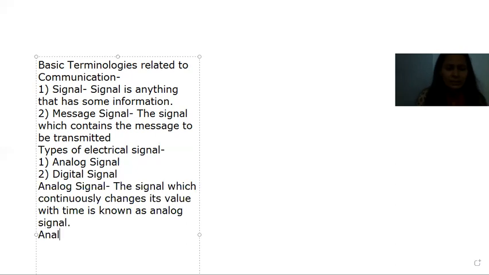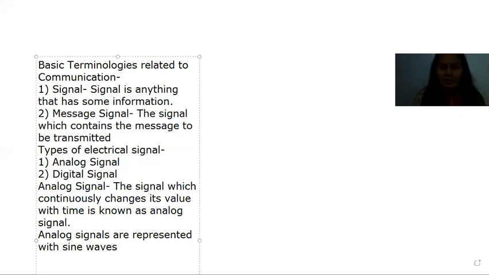Analog signals are represented with sine waves. We use sine waves to represent the analog signals.